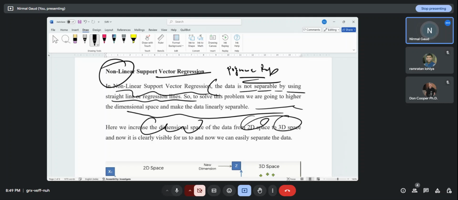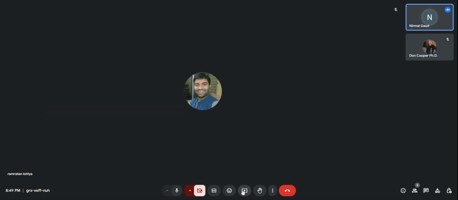I've already told you we have to perform the transition, and we want the data points to be clearly visible. And then we can apply the technique we are expecting. How does this go? Well, let me share my entire screen for this particular concept, and then we will understand how you are going to perform this in regression.